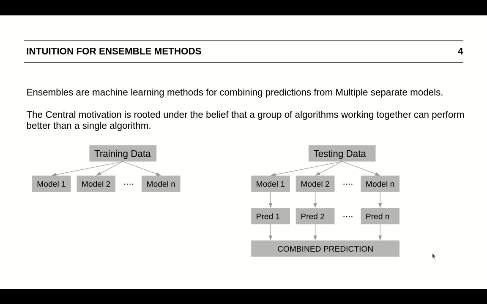What we see is the combined prediction is often much more reliable and robust than the prediction from any single model. Let's see how this works.